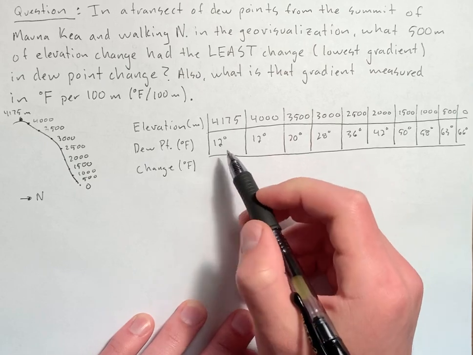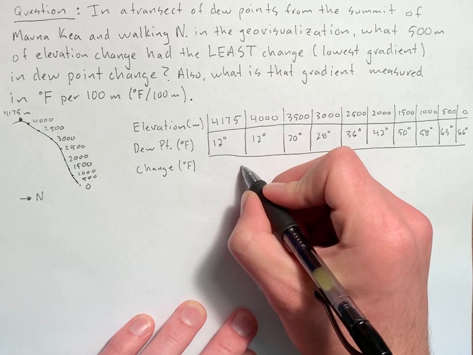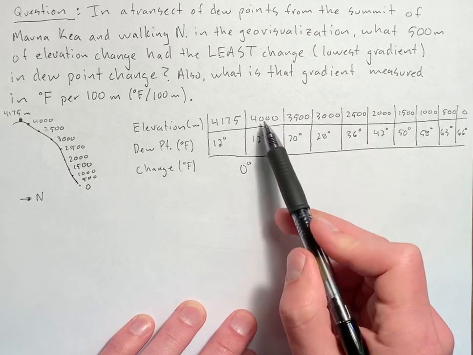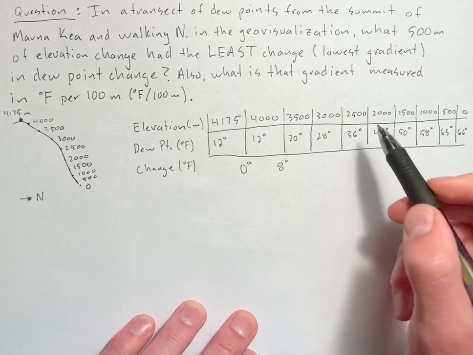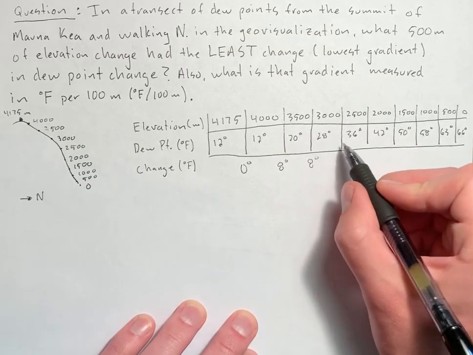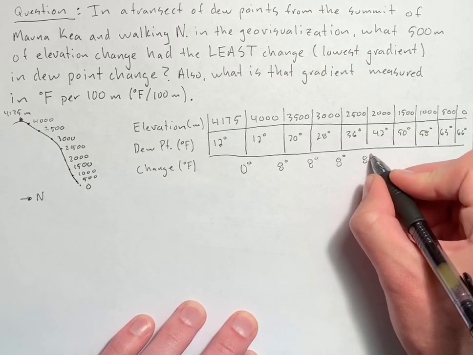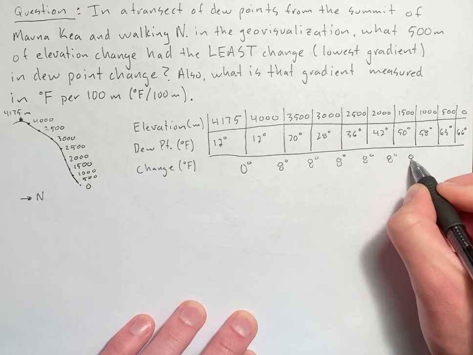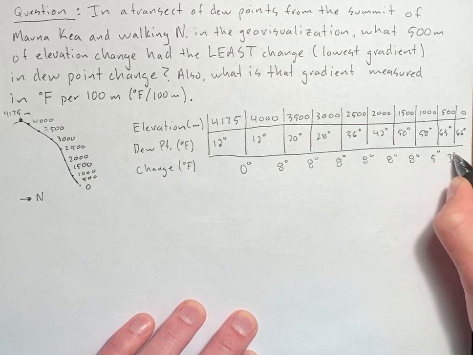The change in dew point temperature from 4,175 meters to 4,000 meters is 0. Our change from 4,000 to 3,500 is 8 degrees. Our change here is 8 degrees, 8 degrees, 8 degrees, 8 degrees, 8 degrees, 5 degrees, and 3 degrees.